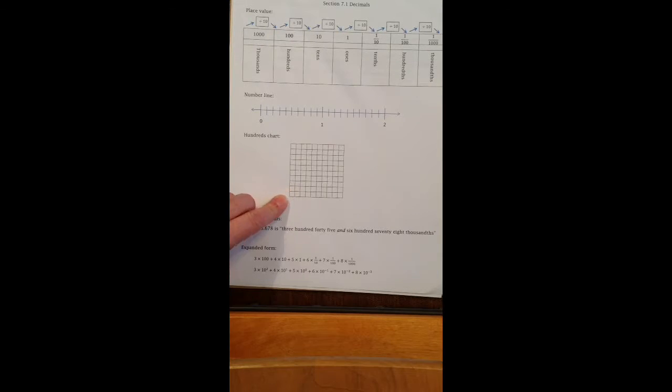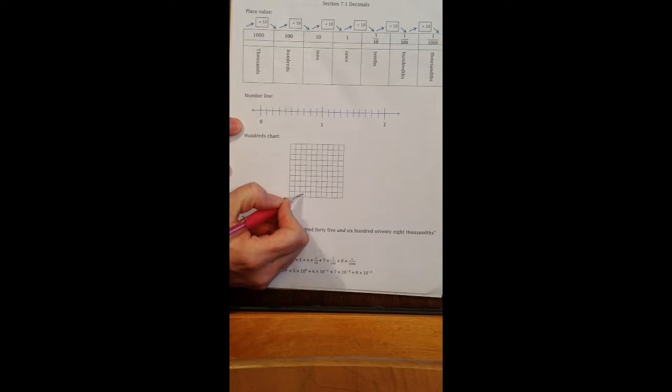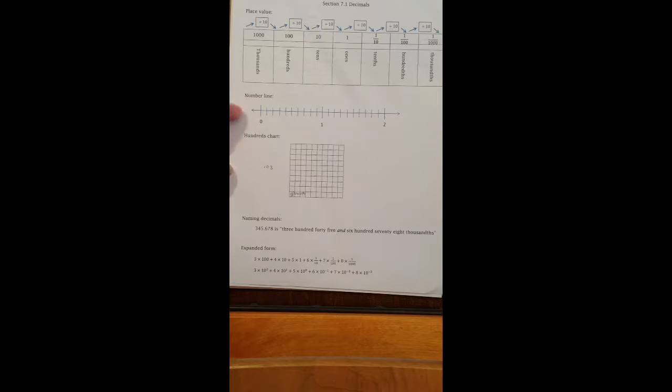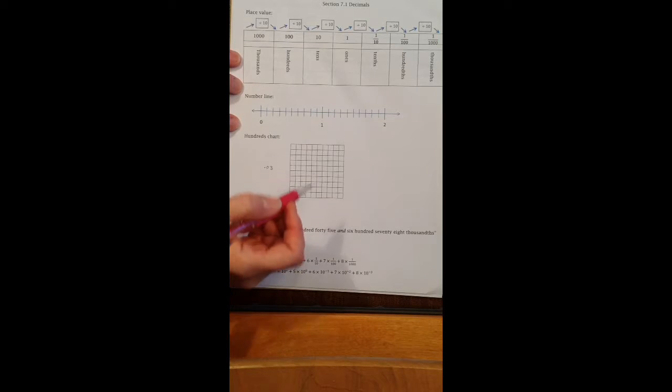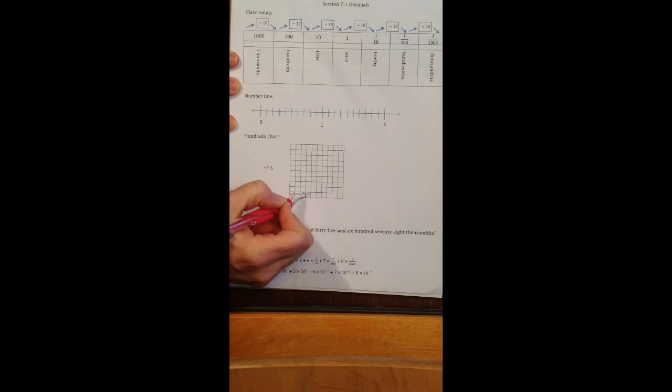And so if I color these 3 spaces on my hundredths chart, then that would represent the number 0.03. So 3 hundredths is 0.03. If I then said, oh, no, wait, I'm going to color all 10 of these, then my number would change from 0.03. I'd have 10 hundredths, and that would be represented as 0.1.